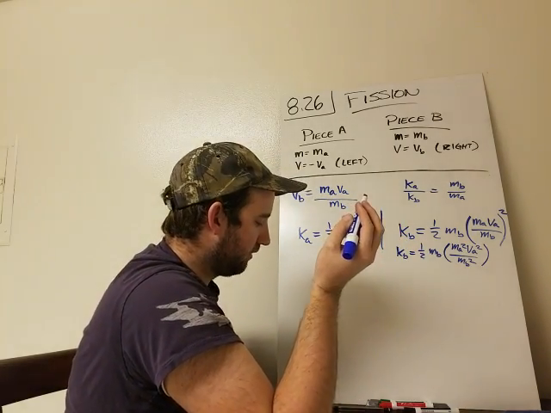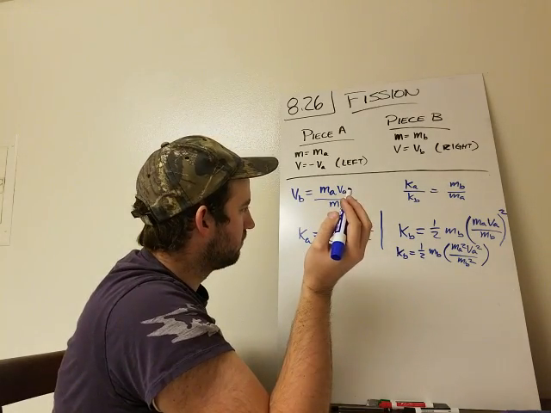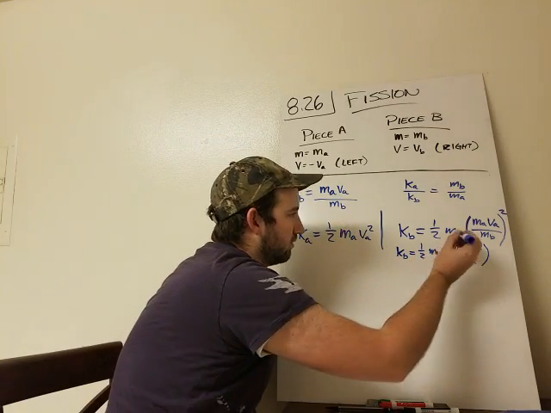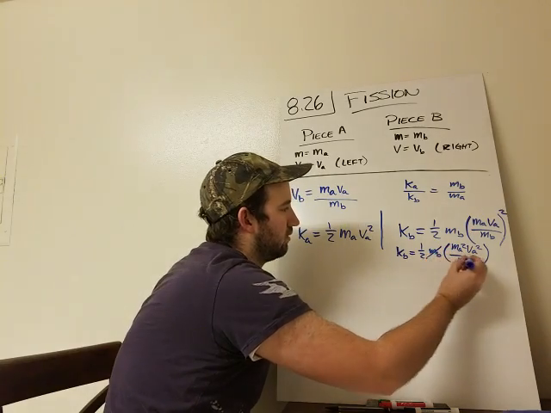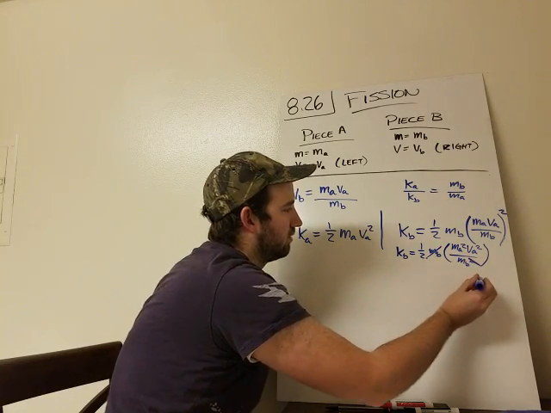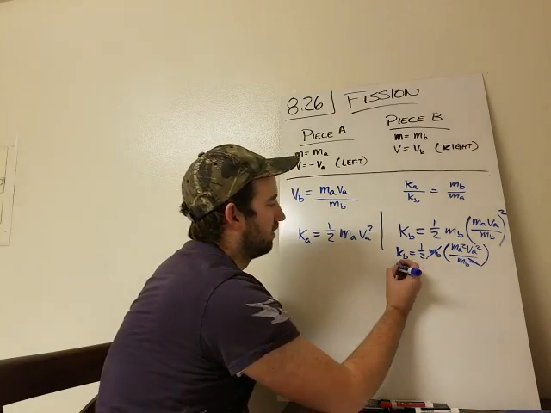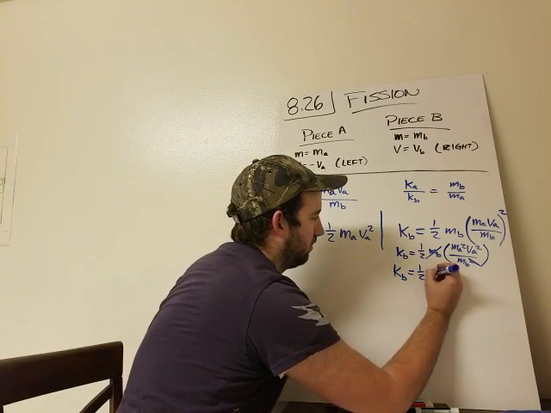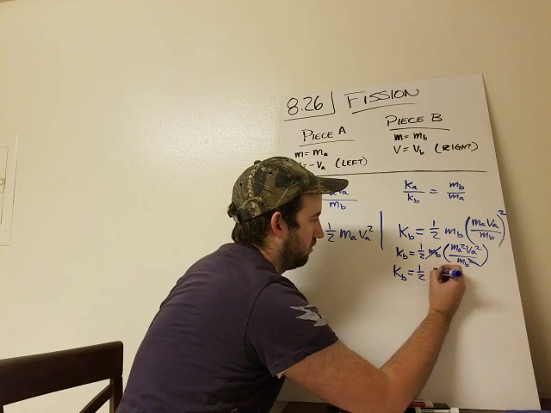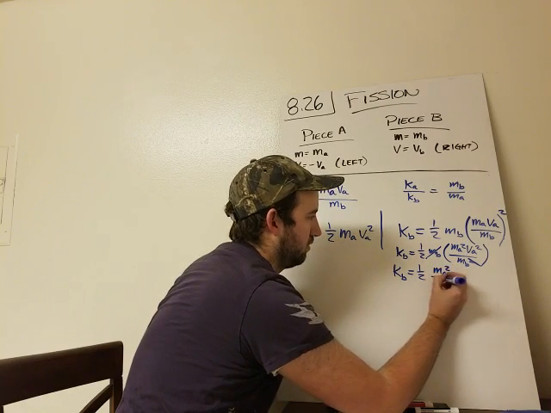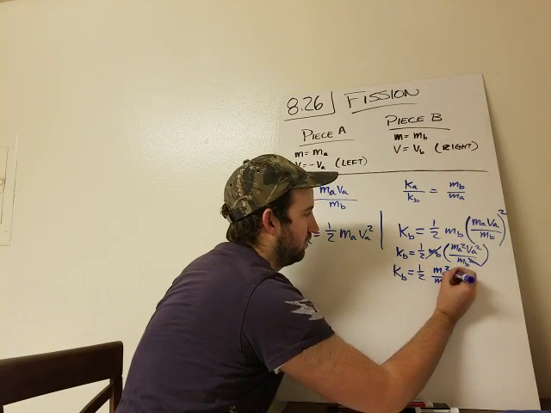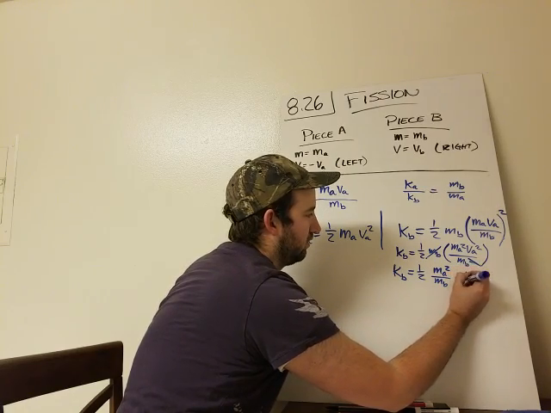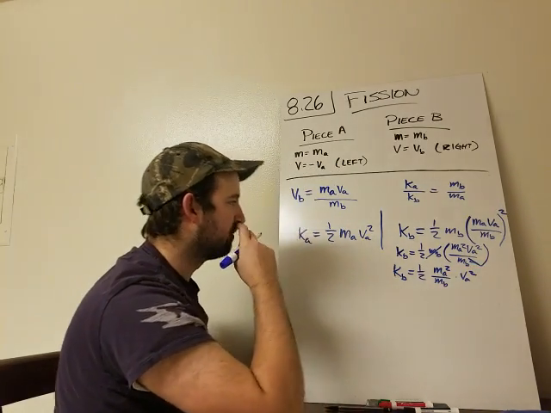And then when we do that, we can cancel this with this. And so then we end up with K B equals 1/2 m A squared m sub B times v A squared.